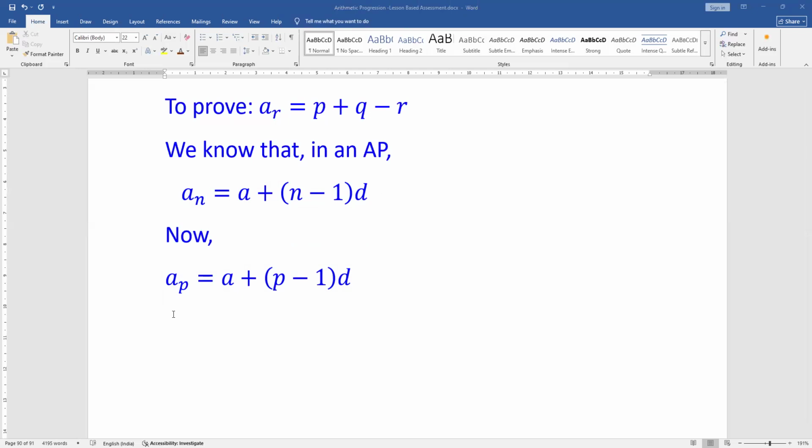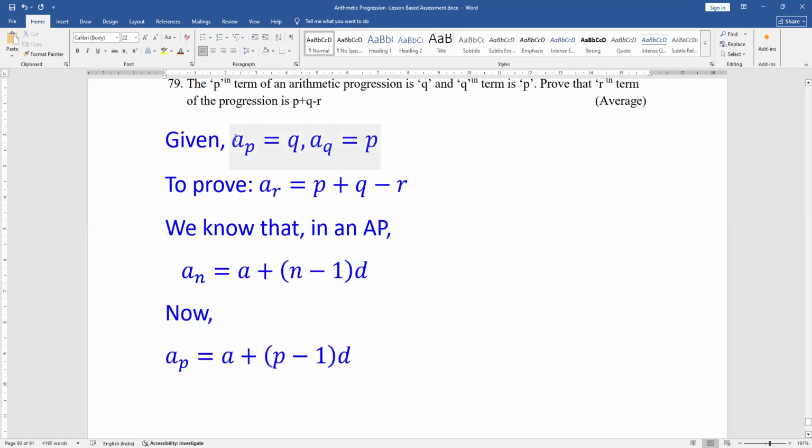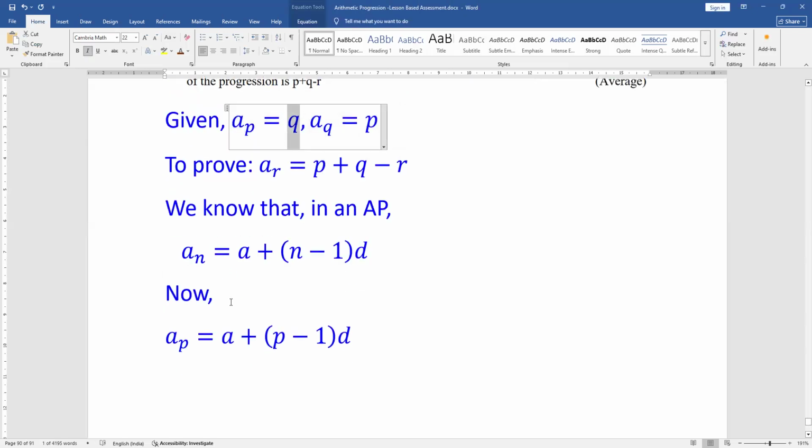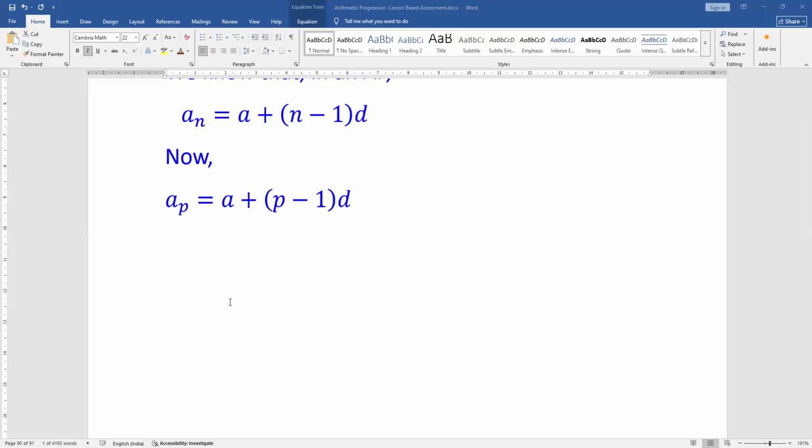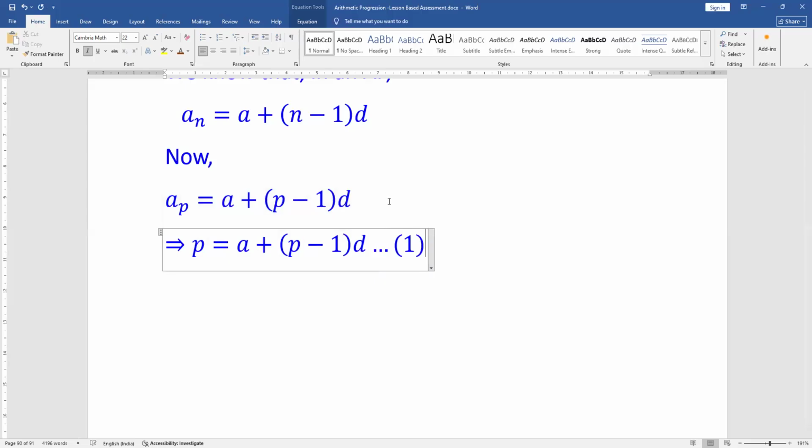So what is AP? AP is already, you know, nothing but q, correct? So in my next step, I write AP as q. q equals a plus p minus 1 into d. Okay, you can call it equation 1.